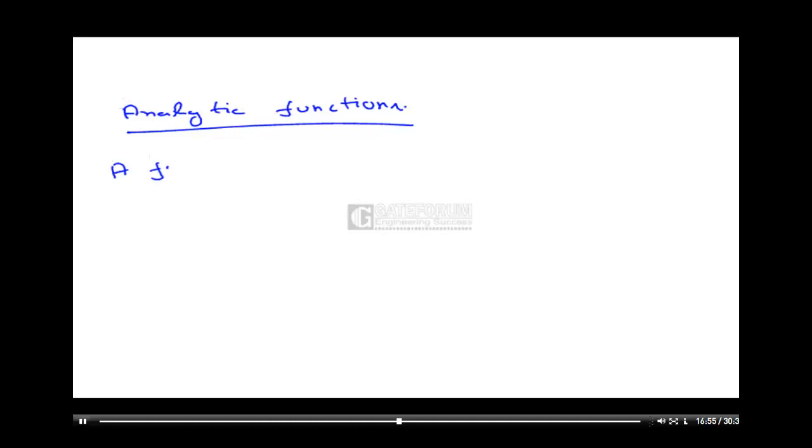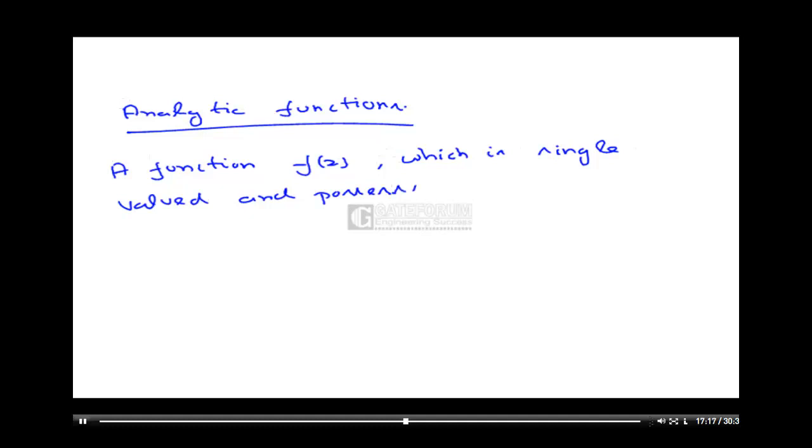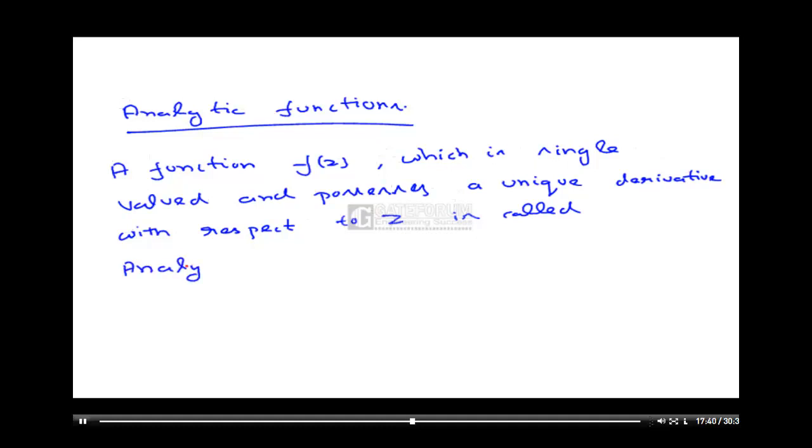Write down: a function f z which is single valued and possesses a unique derivative with respect to z is called an analytic function.